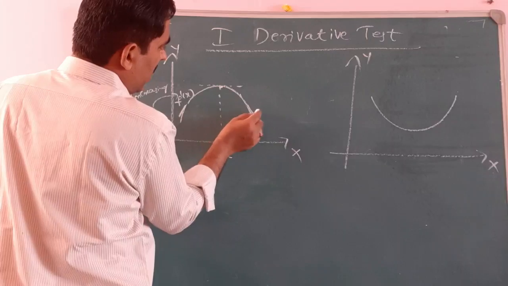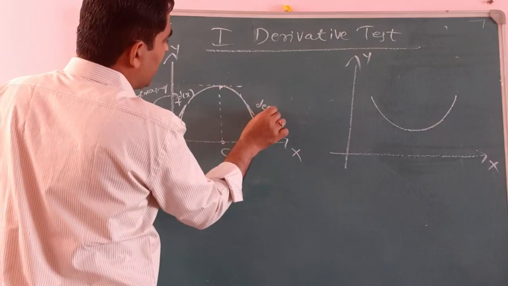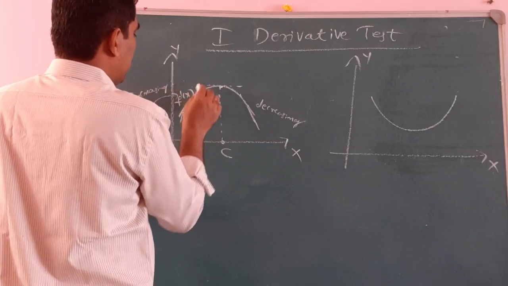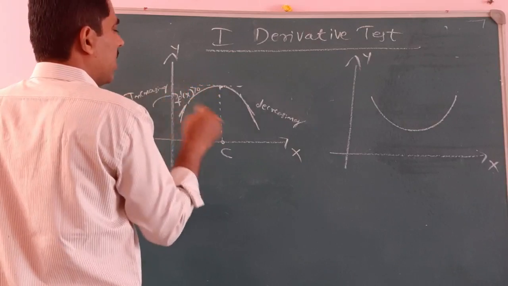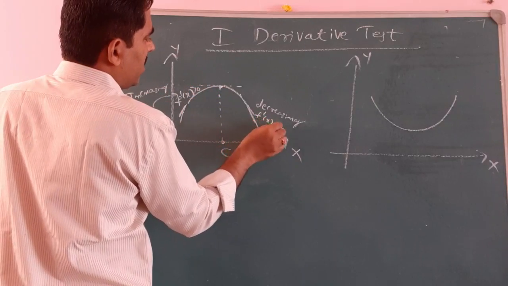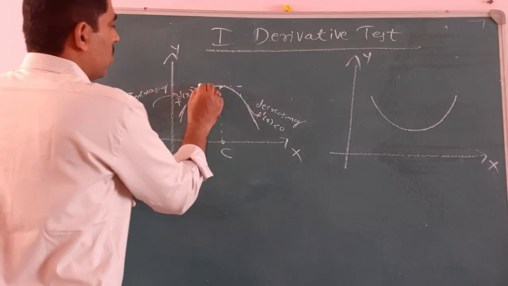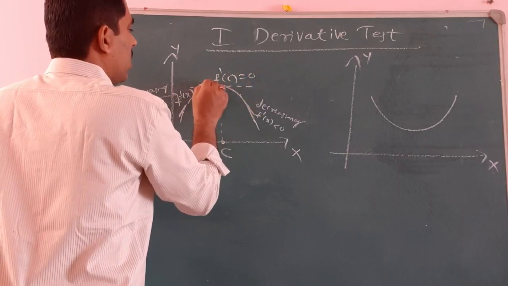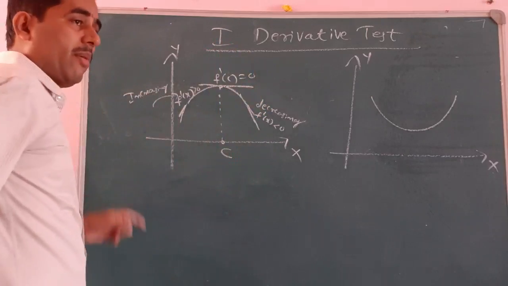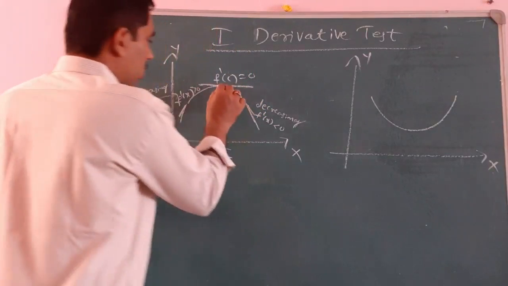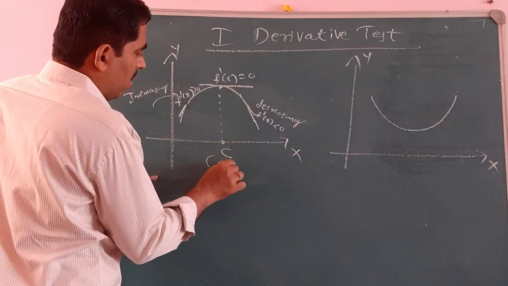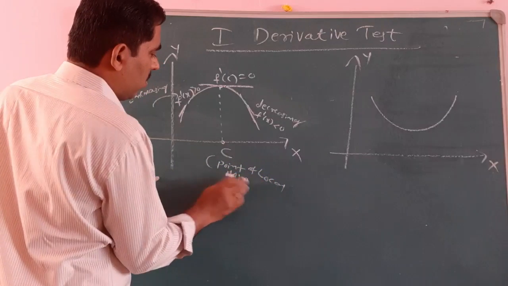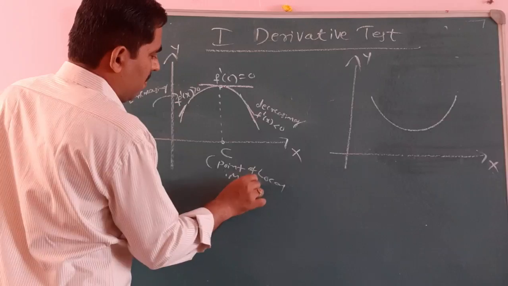Then it is decreasing. So f dash x is greater than 0 here, and here f dash x is less than 0. At this point the derivative is 0. This is called the point of local maxima.